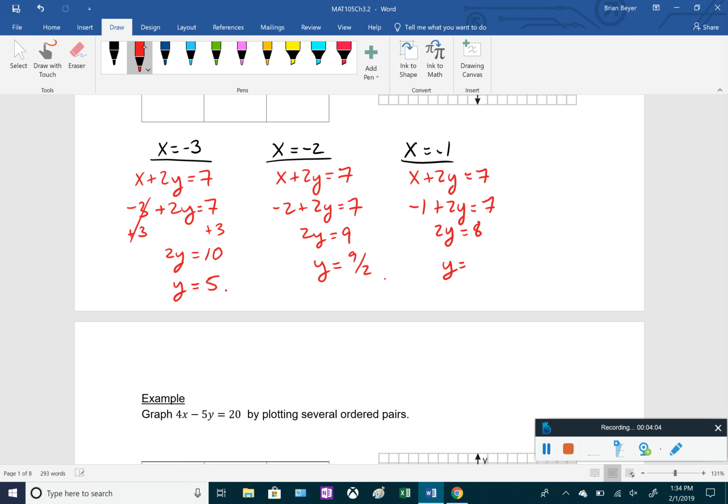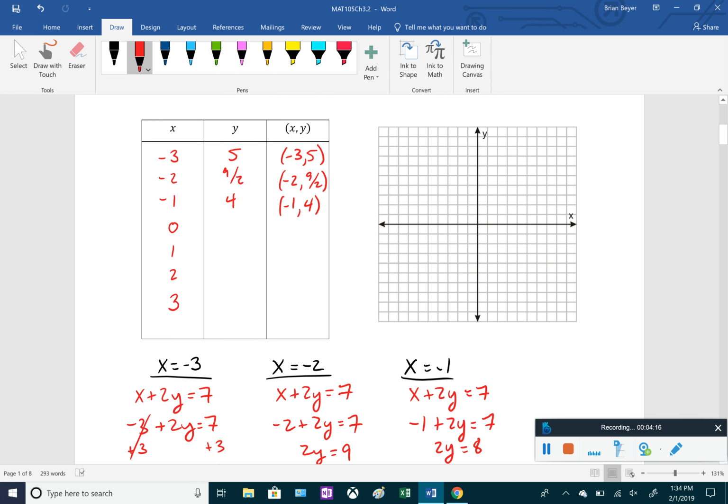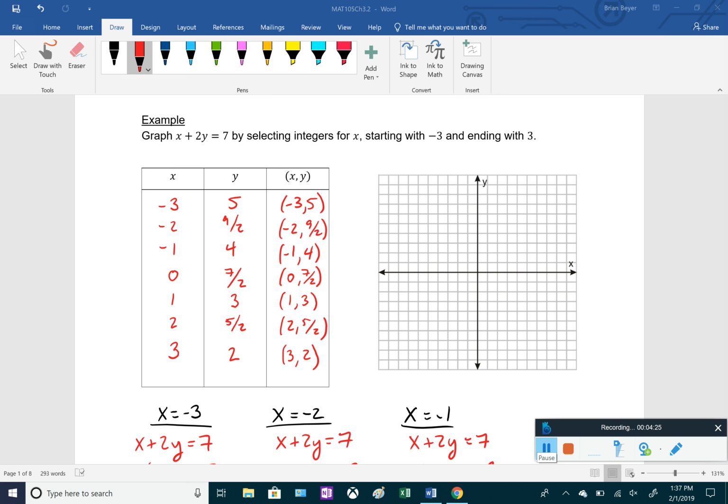We get y equals 4. So that's a y coordinate of 4. So the coordinate -1, 4 is on there. And I'm going to just fill these out really quickly for the rest of them. You can check on your own if you want to verify that these are correct. And now they're all filled in.